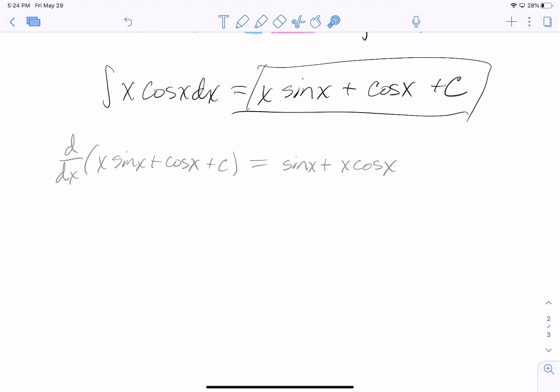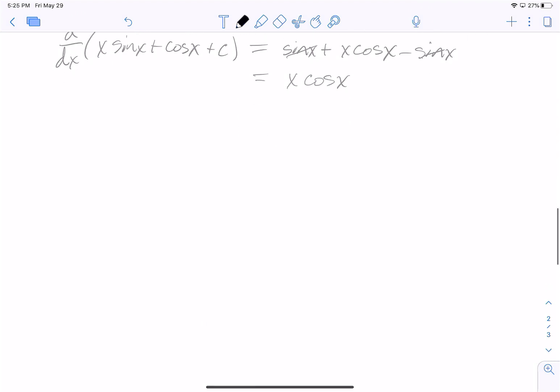So that's u prime v plus u v prime. And then the derivative of the cosine of x is negative sine of x. The sines of x subtract out, and we end up with x times the cosine of x. Therefore, if we differentiate what we ended up with, we do end up with our original integrand.